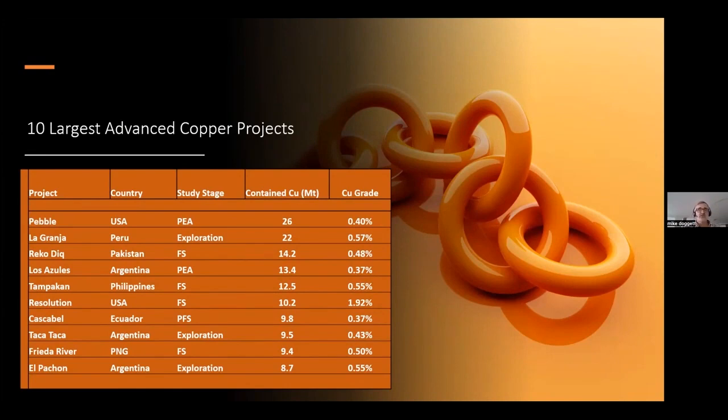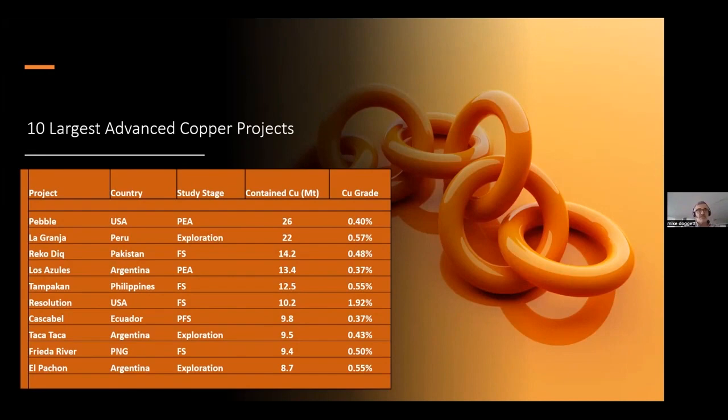Now, you may or may not be familiar with some of these deposits or all of them, but if you are familiar with any of them, you'll know that almost all the deposits in this list have some sort of challenge associated with acquiring a social license to operate.